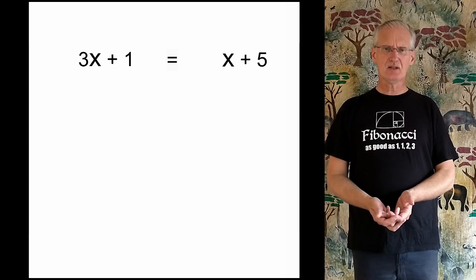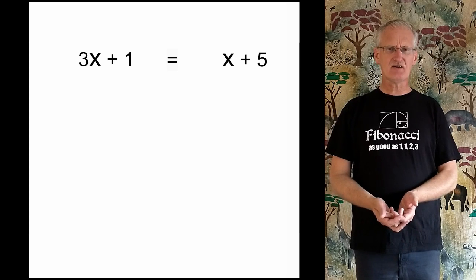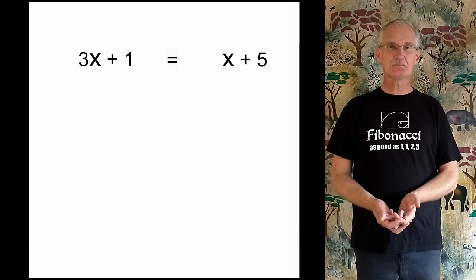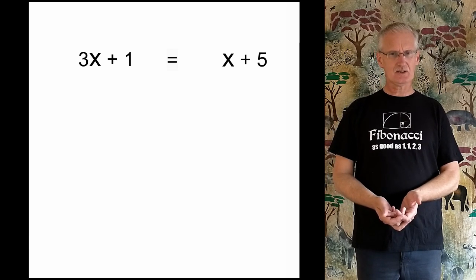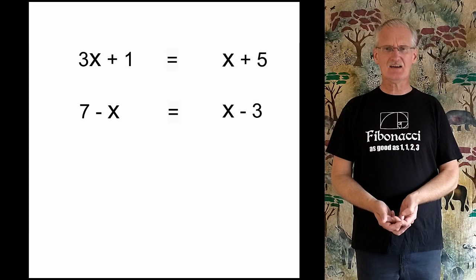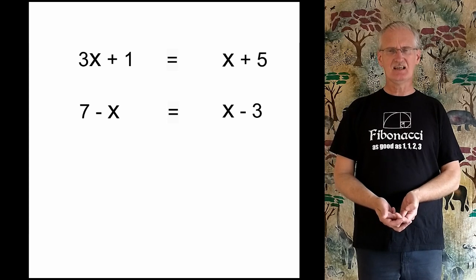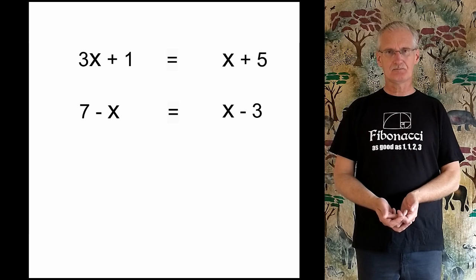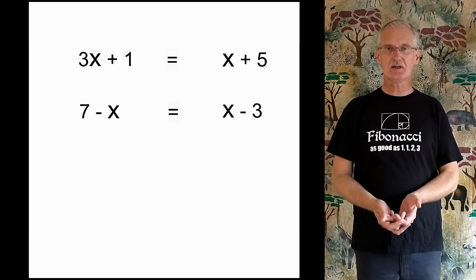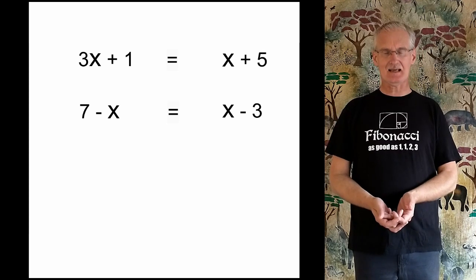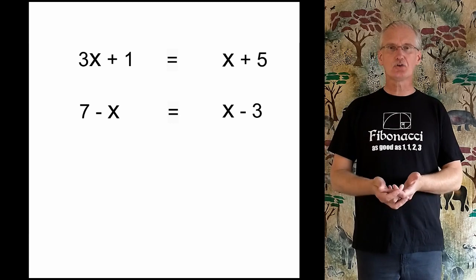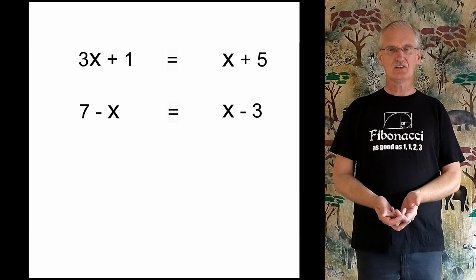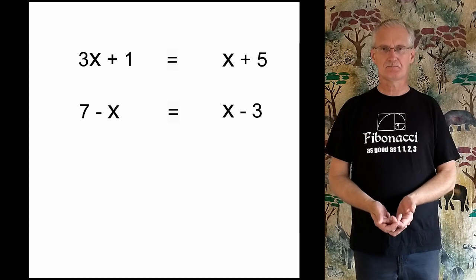So, for example, 3x plus 1 equals x plus 5. What are you going to take away? The plus 1 or the 5? And you've got x on both sides. That's really quite tricky. What about this one where I have a negative x and a negative 3? What's going to happen there? Well, it's worth learning to manipulate algebra and to use our algebra tiles to help us with that.